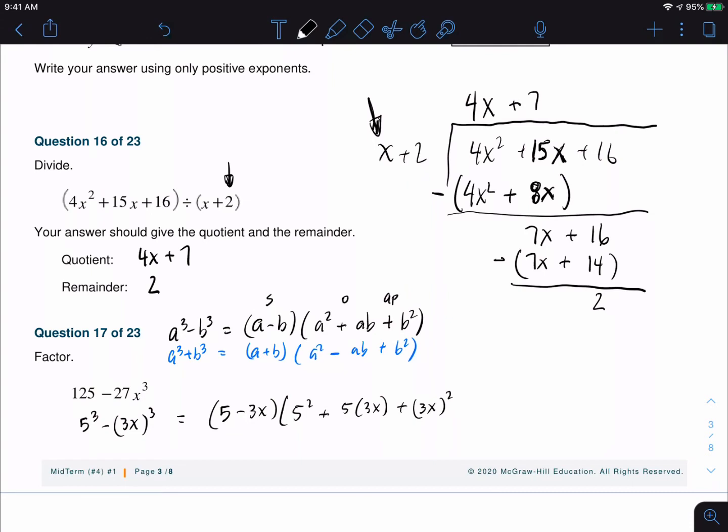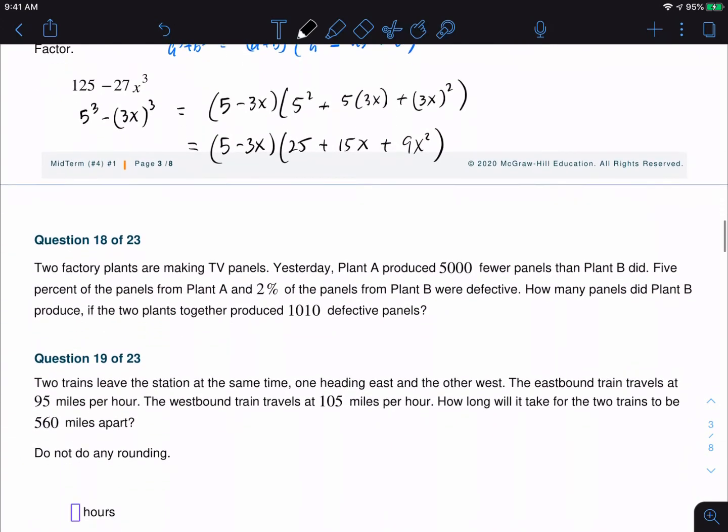When we clean that up, it's going to be 5 minus 3x times 25 plus 15x plus 9x squared. And that's the factorization. You've seen that formula before, right? Yeah, just something to memorize.